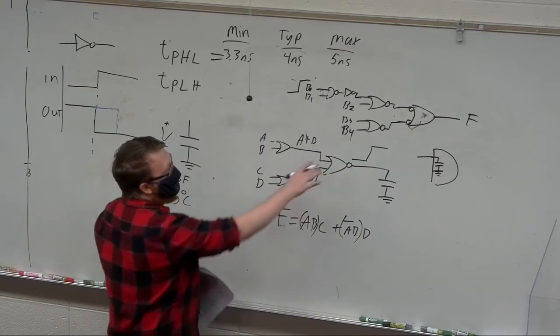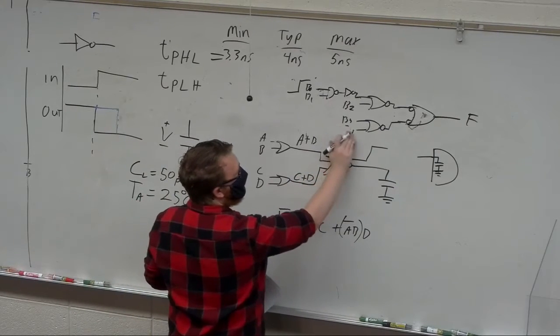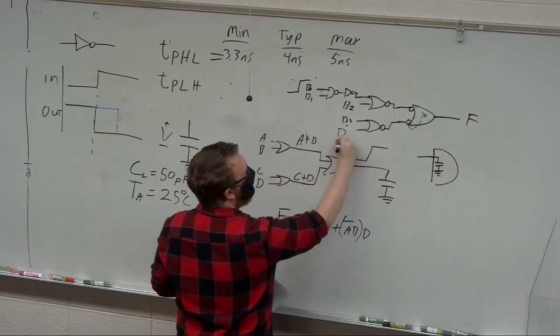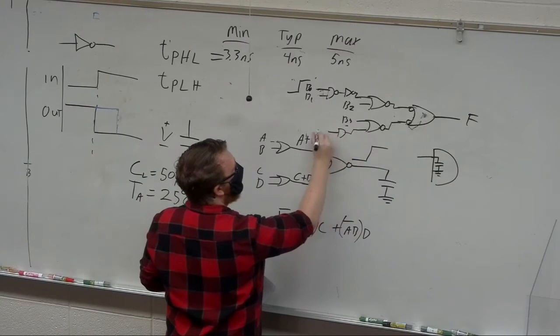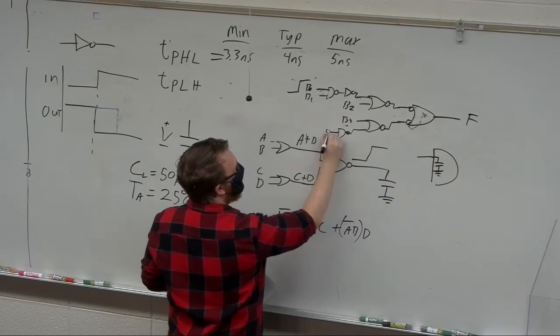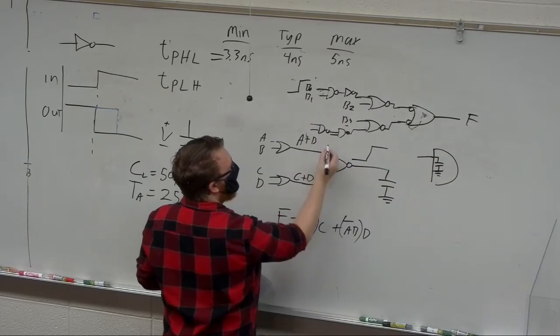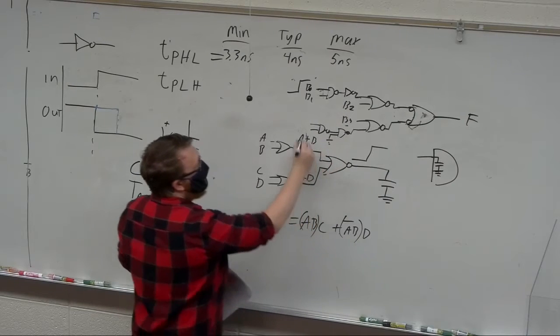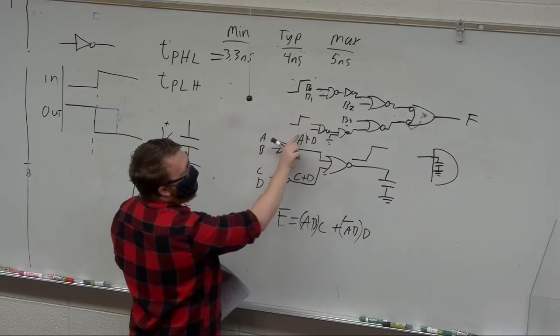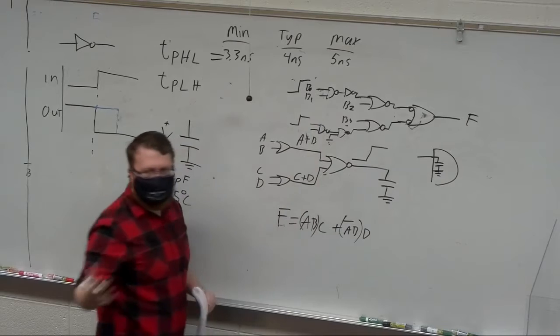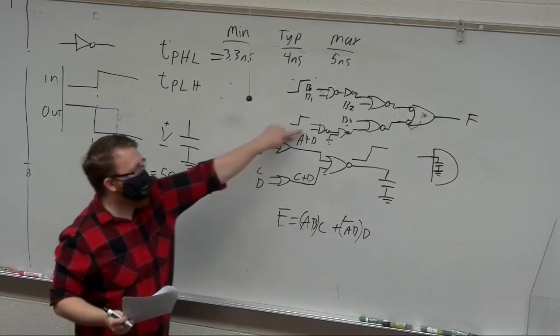So if we had something over here that had an AND gate, well, let's say just an AND gate and an AND gate, these paths are the same as far as number of gates, but this path is actually the longer path.